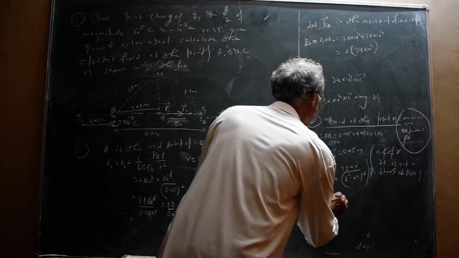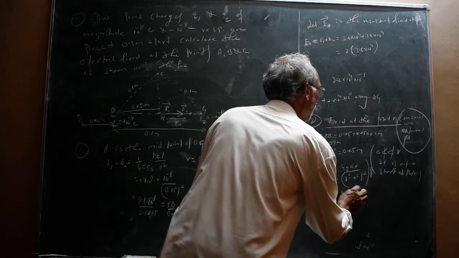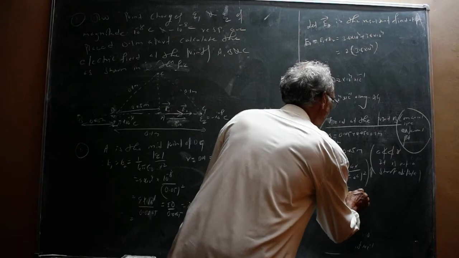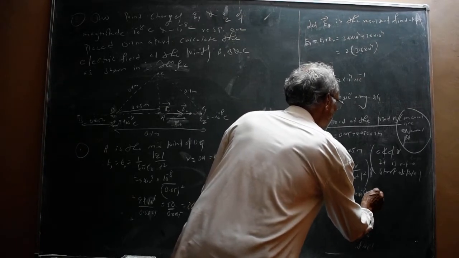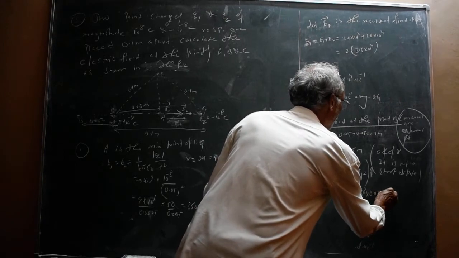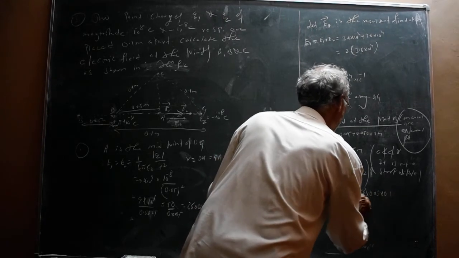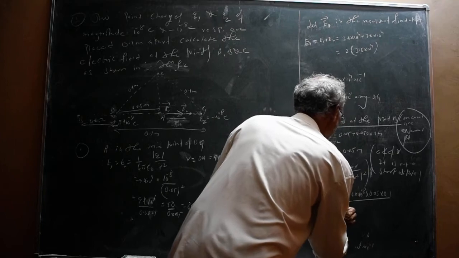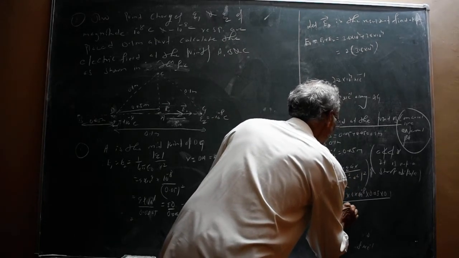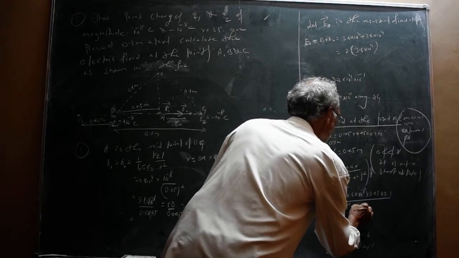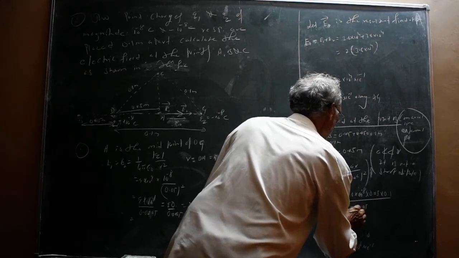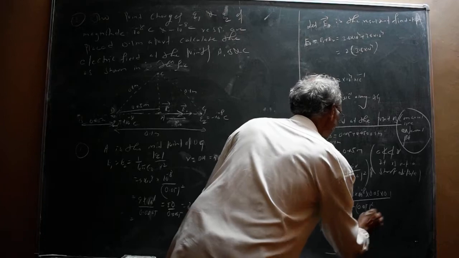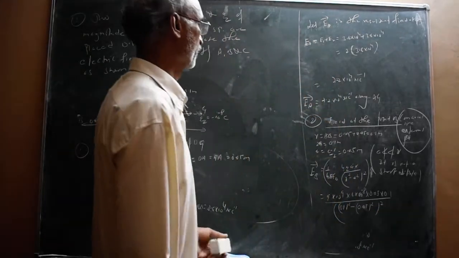That's equal to 9 into 10 to the power of 9 and 4 into Q is 10 raised to minus 8, into A is 0.05, R is 0.1, divided by R square is 0.1 the whole square minus A is 0.05, the whole square.